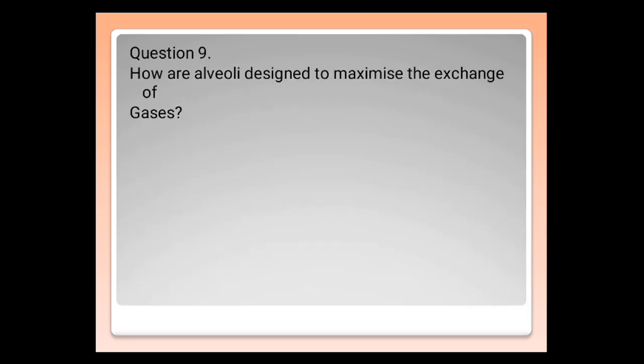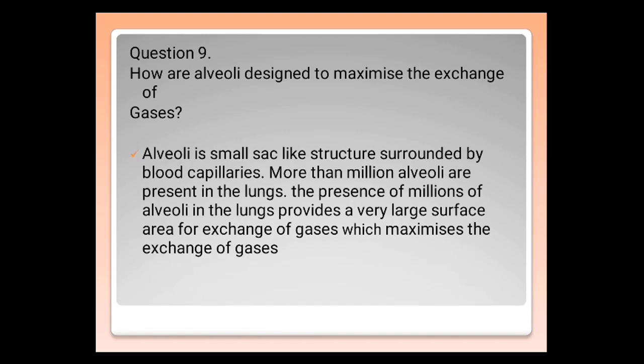Question number 9. How are alveoli designed to maximize exchange of gases? Answer. Alveoli is small sac-like structure surrounded by blood capillaries. More than million alveoli are present in the lungs.